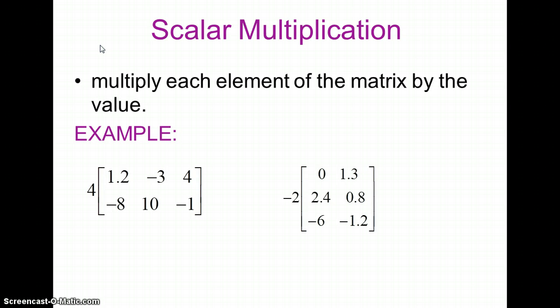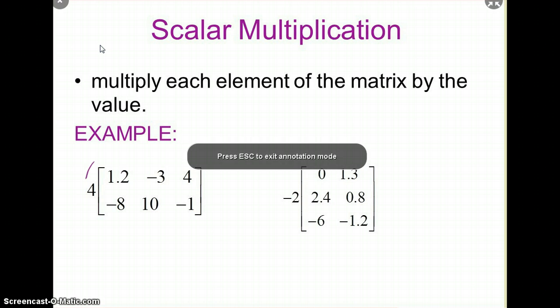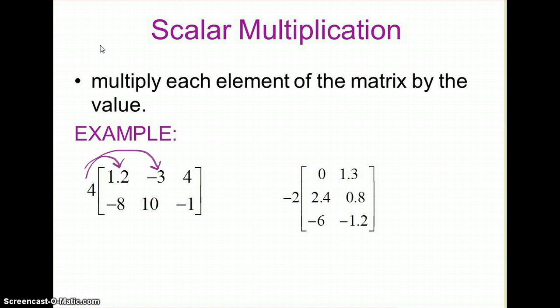So when I do this, I'm going to start here by multiplying each thing times 4. Now, a lot of people will sort of relate this to the distributive property, although that's not technically what we're doing here. But I end up with a matrix that looks like this.